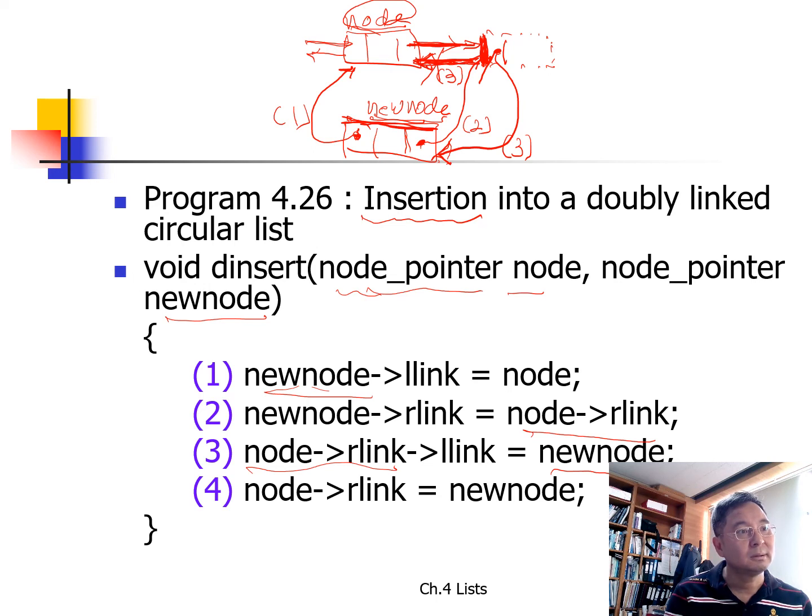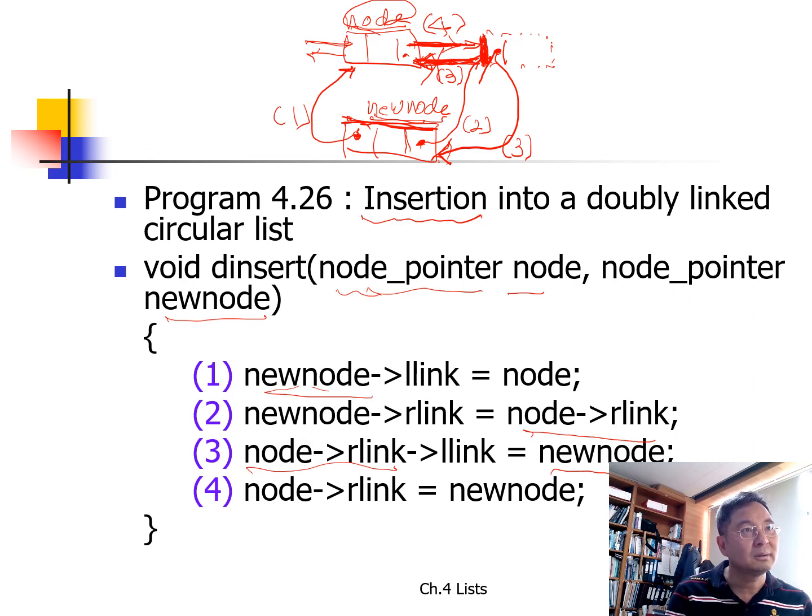How about this one? This one, yes, 4. This one was originally the next node of a node was a dotted node, but now the next node of a node is a new node.